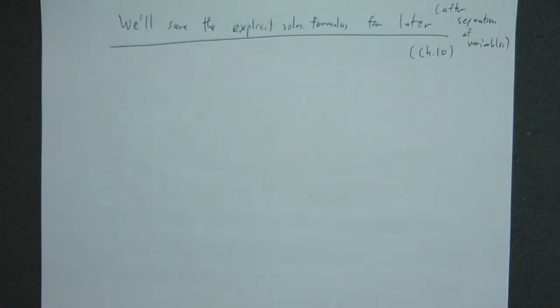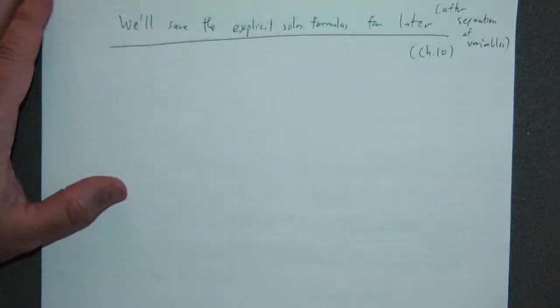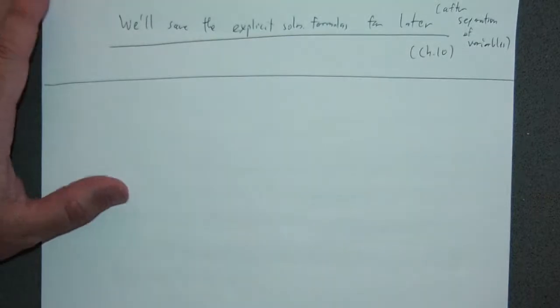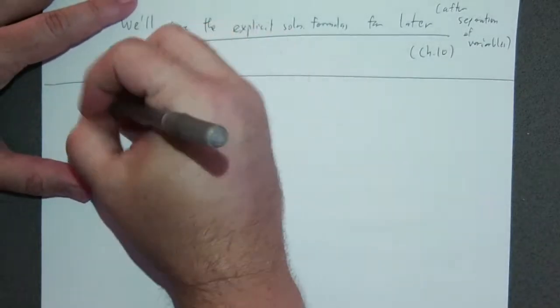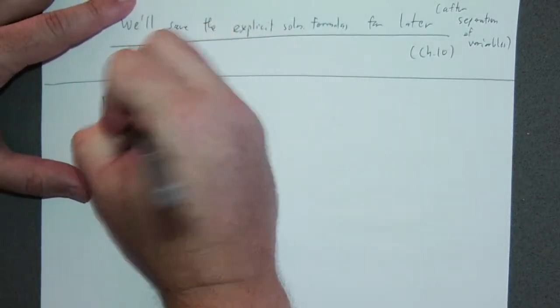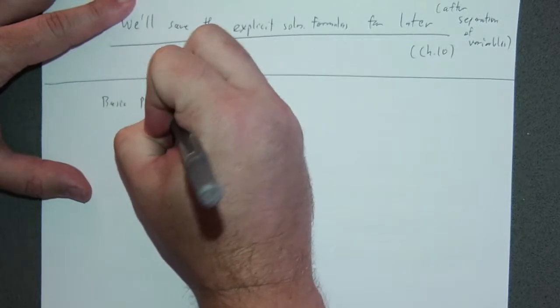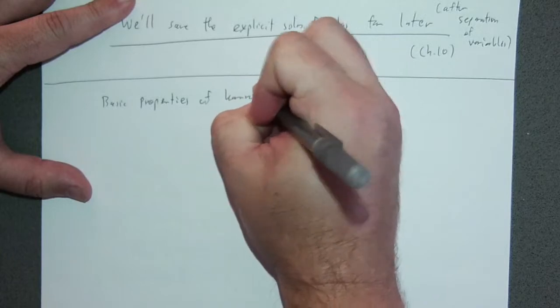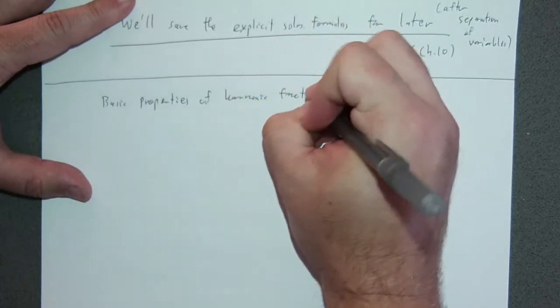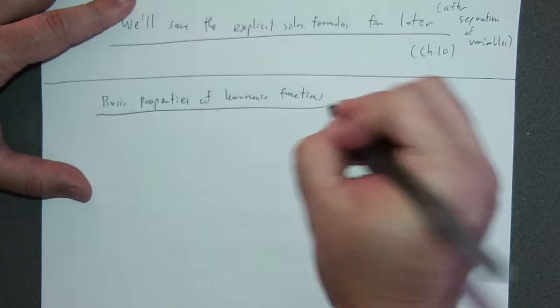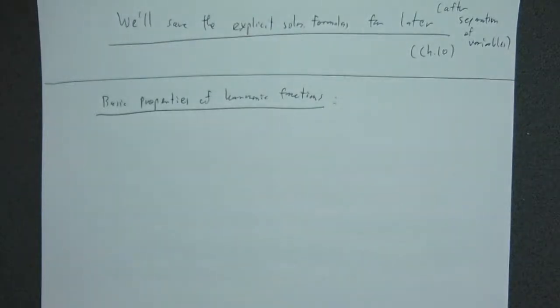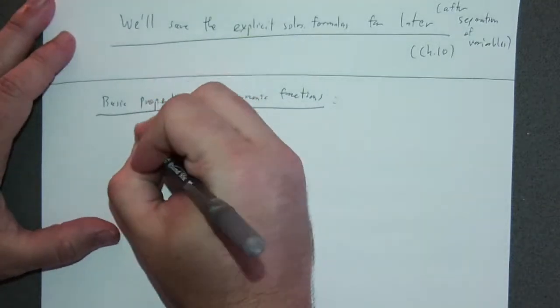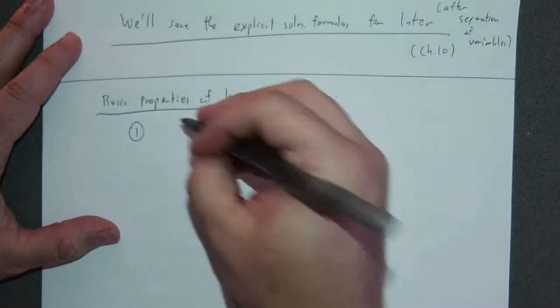Okay. So then, before we do anything like that, let's talk about basic properties of harmonic functions. And probably the most important one, although they're all important, is the first, which is called the mean value property.